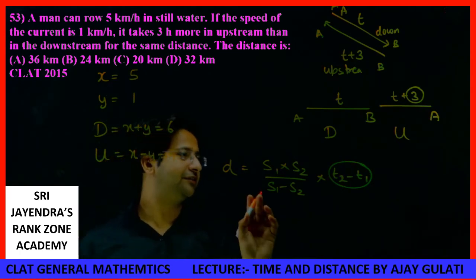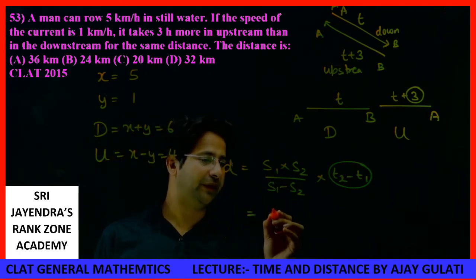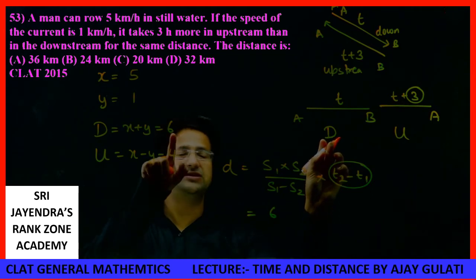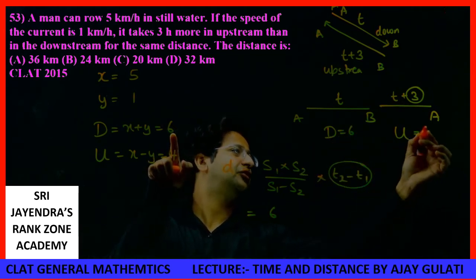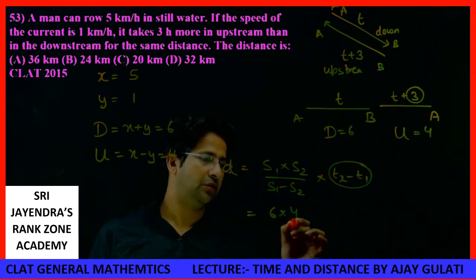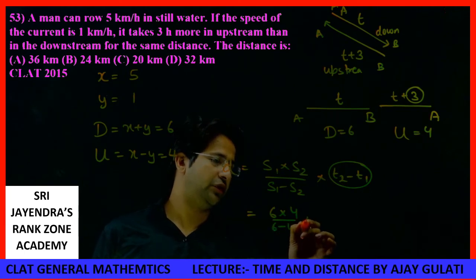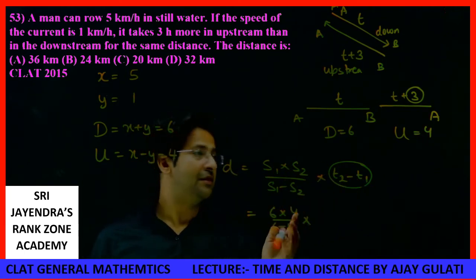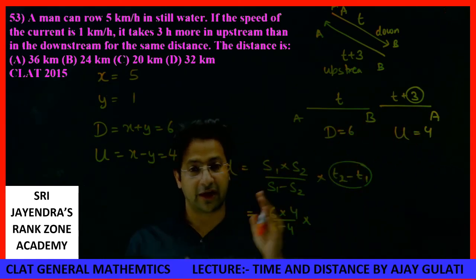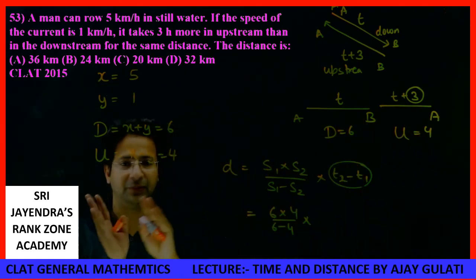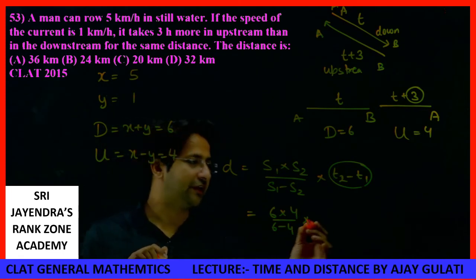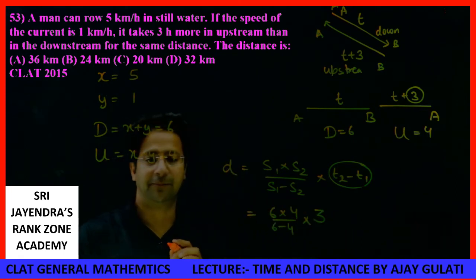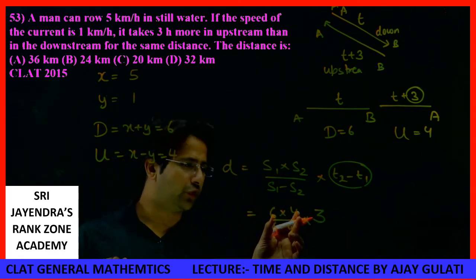So if I just apply this formula, what I'll get? Speed 1 is 6, this d is equal to 6, this u is equal to 4, upon 6 minus 4, into the difference of time, which is given to us as 3 hours. When I cover the same distance with different speed, there is a difference of time. So this time is given to us as 3. 6 into 4, 24.